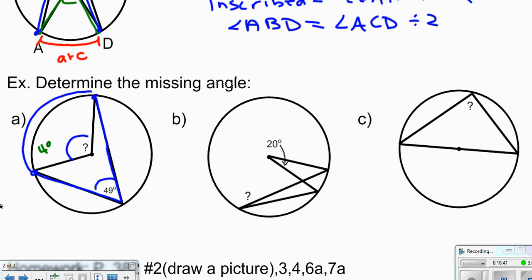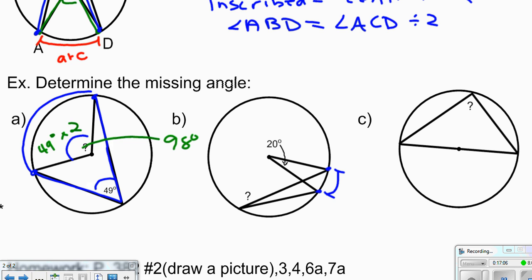So this angle is going to be 49 degrees times 2. And so our central angle is 78 degrees. That doesn't make sense. That's too small. 98 degrees. How about that? Okay, let's look again.